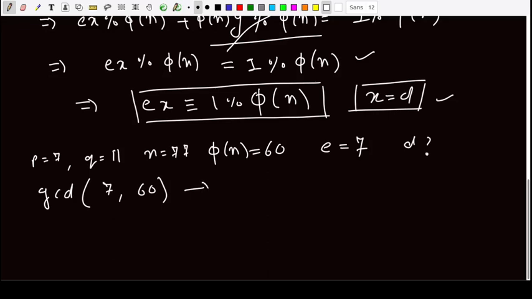By the way, the GCD is 1, we know that the GCD is 1. We will also do the maths behind it. So let me go to the next page and write it down.